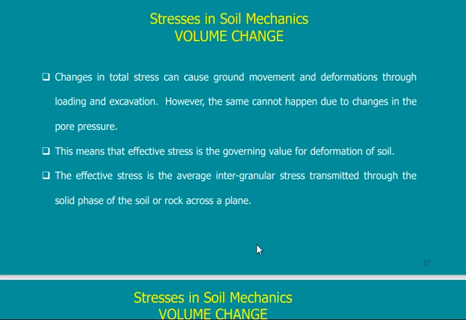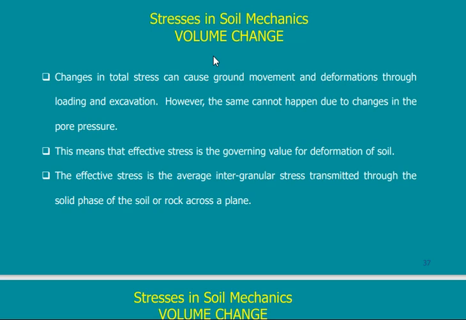The last part of the lecture is discussing the volume change. What will happen to the volume of the soil in case I subject it to stresses? As we know, soil particles are solid. If I stand on top of sand, do I expect that the sand particles will get affected?